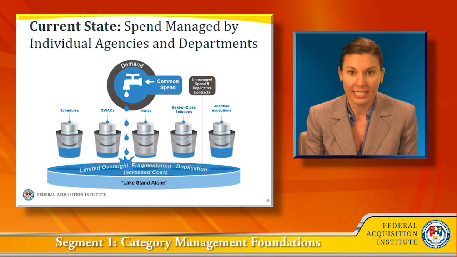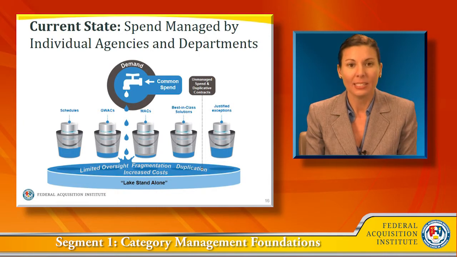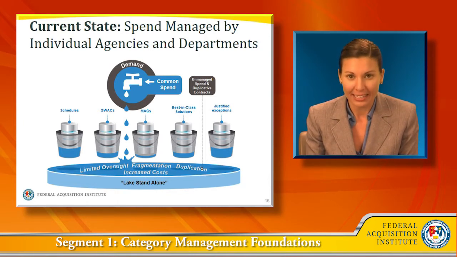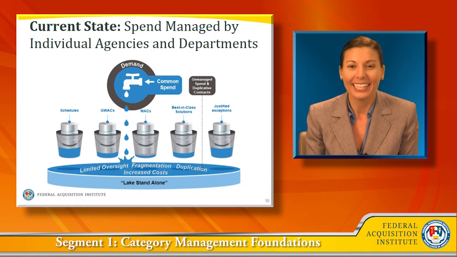Those bucket labels aren't accidental. OMB Memo M-17-22, issued April 12, 2017, instructs agencies to use existing contract solutions for common requirements to the maximum extent practicable, and specifically calls out schedules, GWACs, MACs, and best-in-class solutions. So if you're trying to remember it, schedules, GWACs, MACs, and BICs.